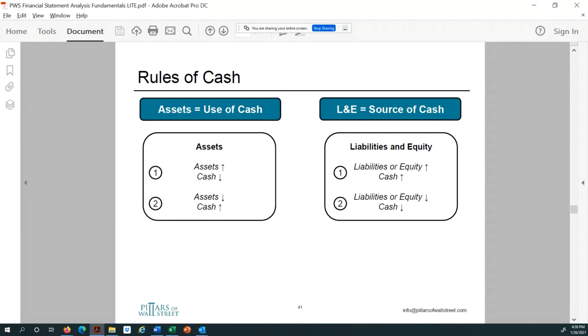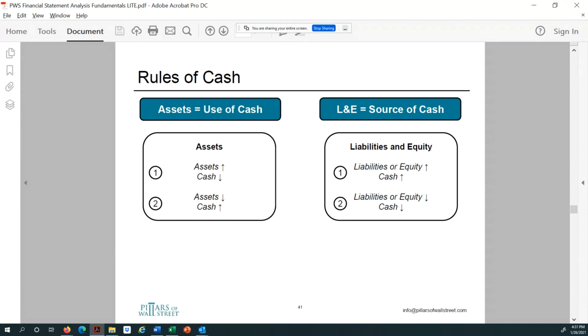Inverse relationship. On the right side, liabilities and equity are sources of cash. So if a liability or equity component goes up, cash goes up. If a liability or equity item decreases, cash decreases. Let's do some examples. A company issues debt. Debt goes up, cash goes up. Let's say a company pays back that same debt.